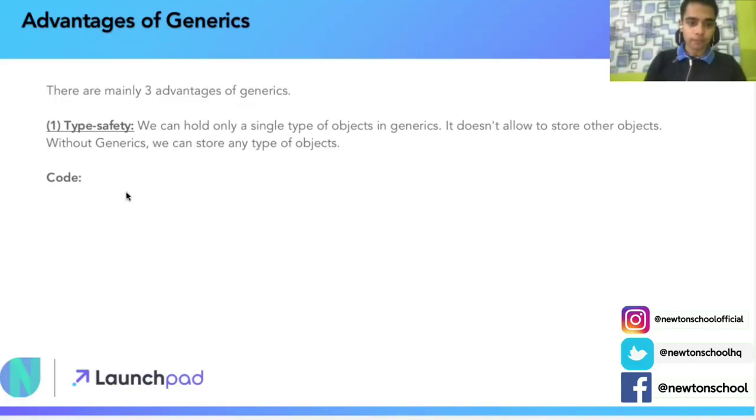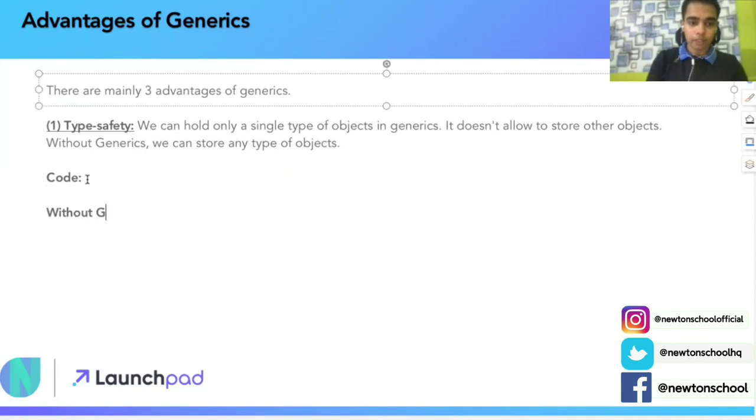Let's take an example. So in the code, let's write without generics. If generics didn't come into the picture, the code would be something like, you would create a list equal to new ArrayList. If you observe carefully here, what I have done, I have not specified any data type here.